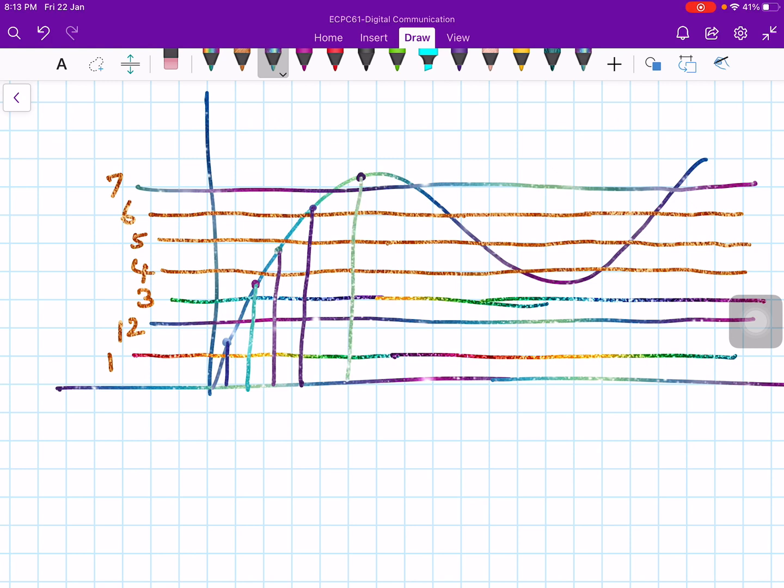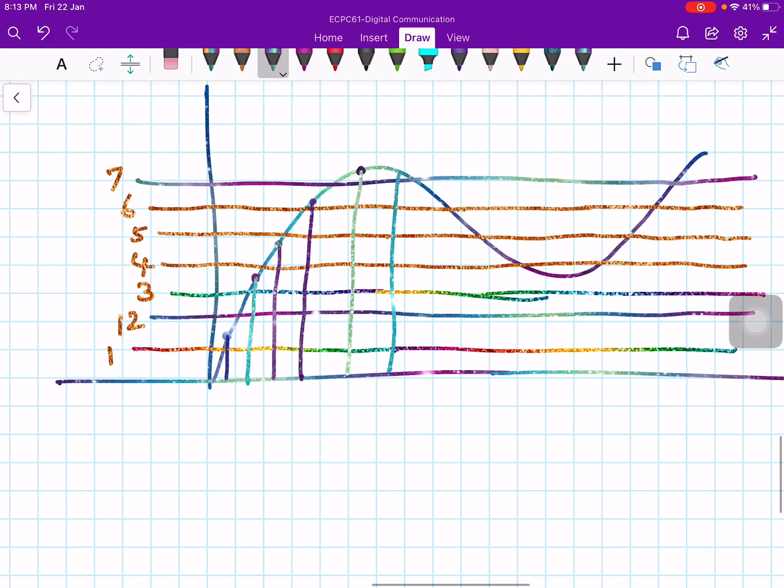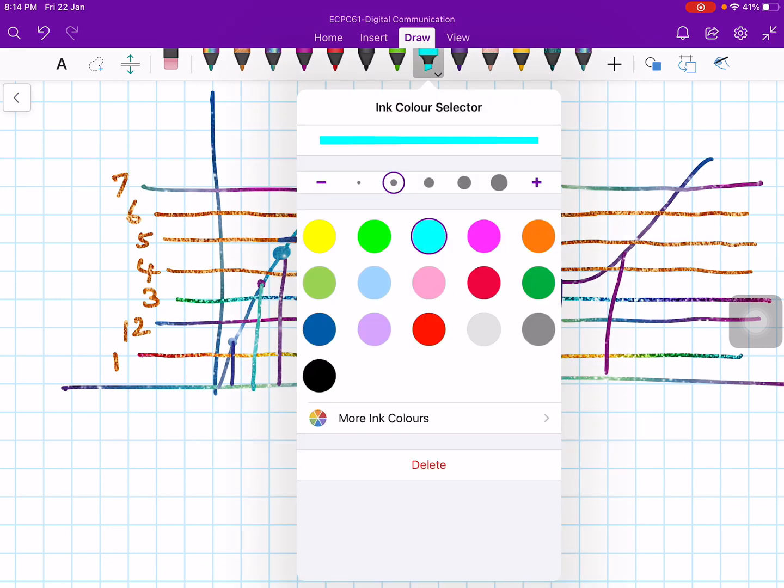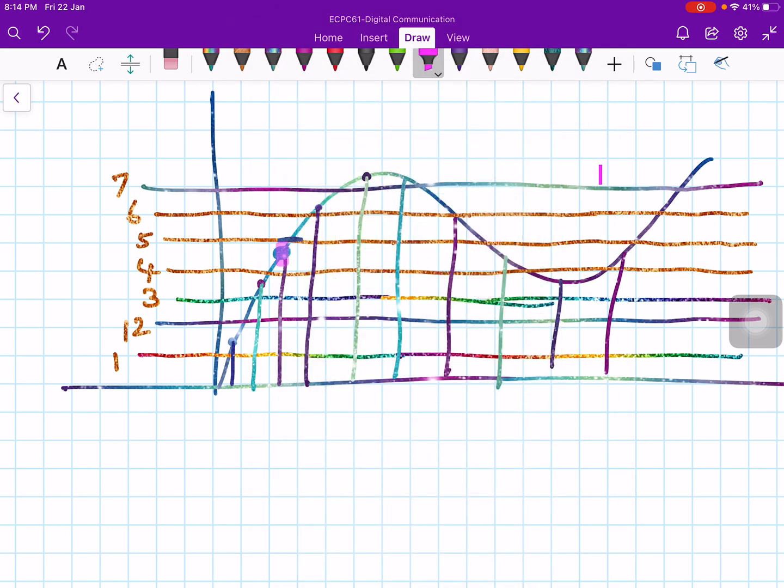You take n number of samples at a regular interval. For example, if you take this sample, it is close to this line. This value is a continuous value. You just round off to this one.